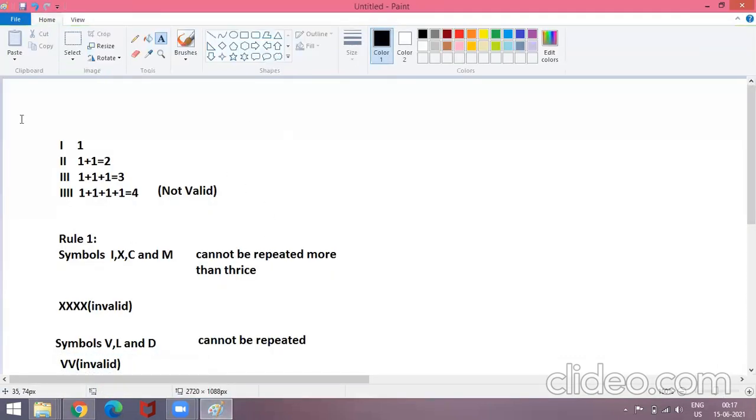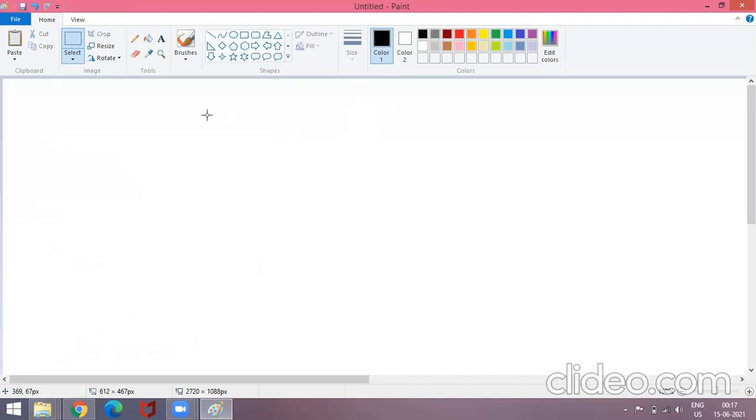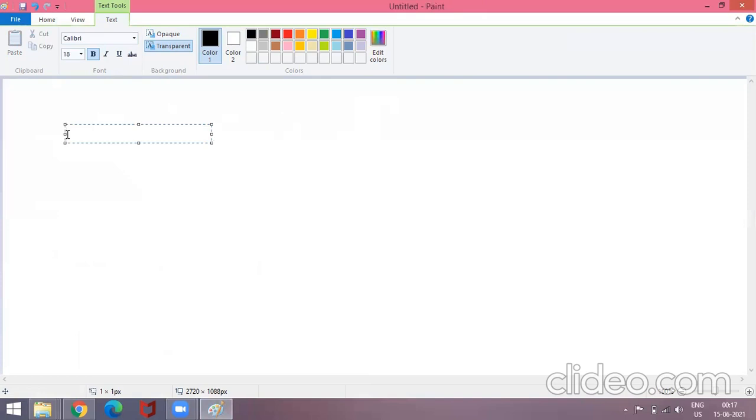I will clear this now. What is the rule of subtraction?